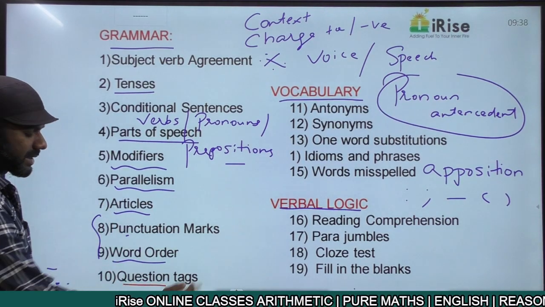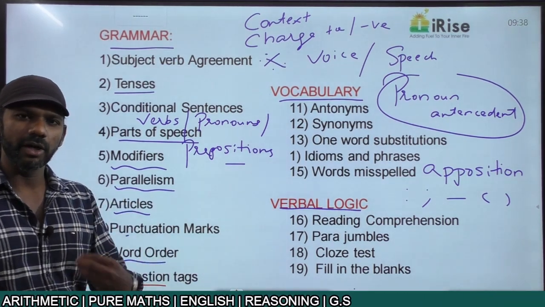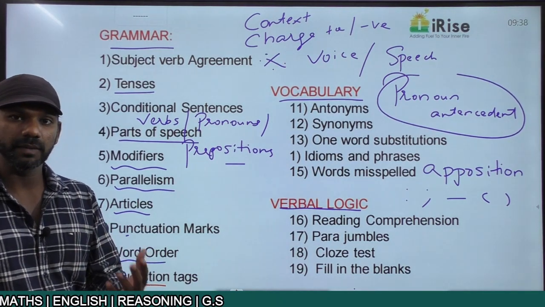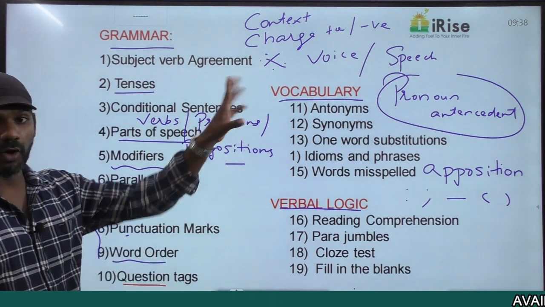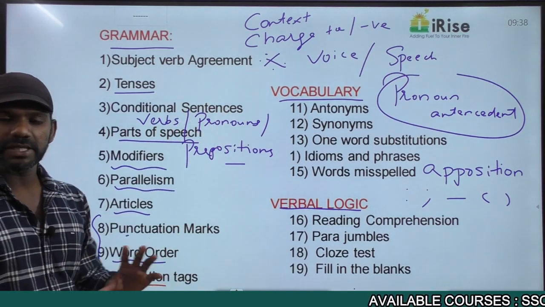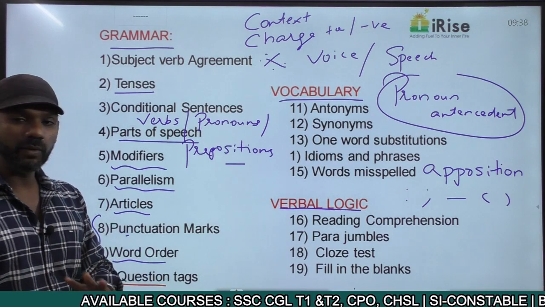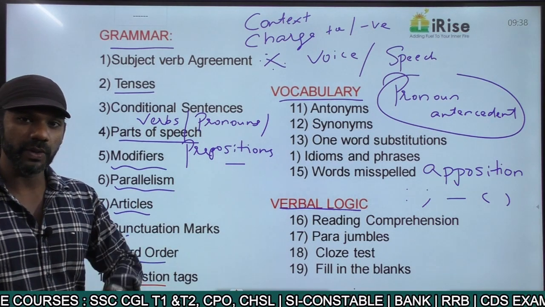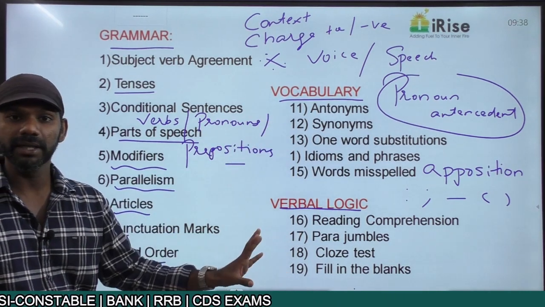Then question text. There will not be any direct question on text. Sometimes a question on text may appear in the case of sentence improvement or spotting errors. That's it. So these are the topics, apart from voice and speech, these are the topics we need to focus on in the grammar part of a test. And whatever we discuss in the grammar part will surely help us a lot while approaching questions on vocabulary and verbal logic.